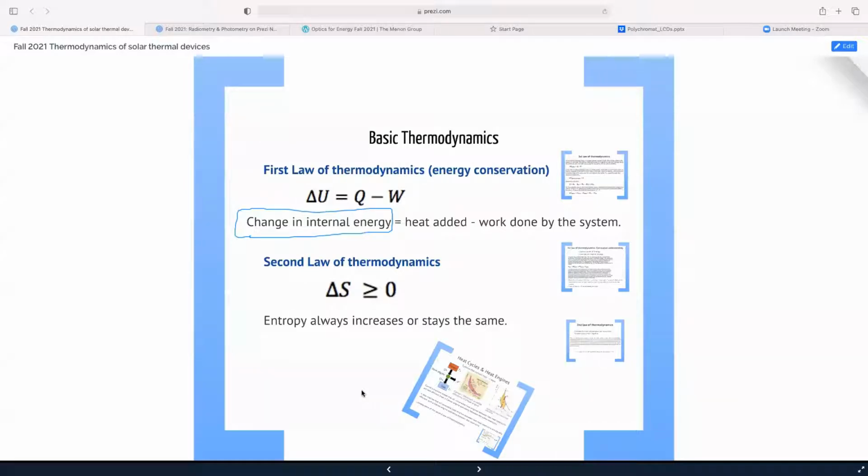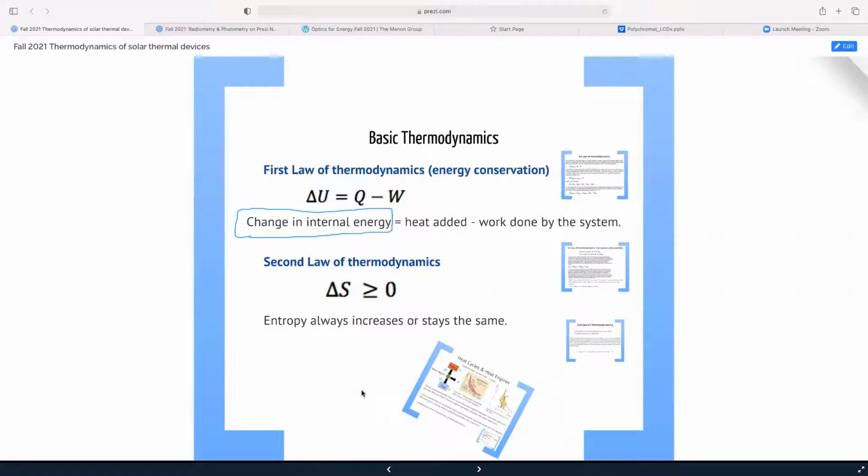The second law of thermodynamics, of course, is a bit more abstract. It essentially says that the entropy of a system always increases. Okay, delta S is always positive, S being the entropy, delta S the change of entropy.